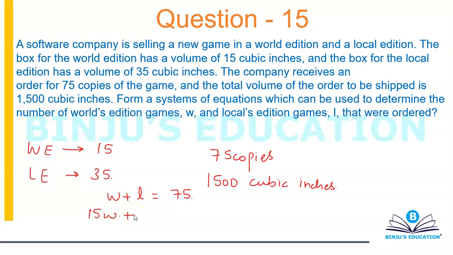Similarly, I have a box for local edition. One box is 35 cubic inches. We have a total of L boxes. So total volume for local edition will become 35L. And the sum will automatically be equal to 1500 because that's the total volume.